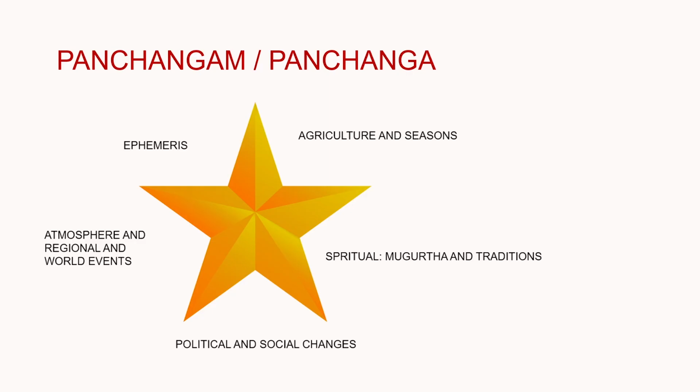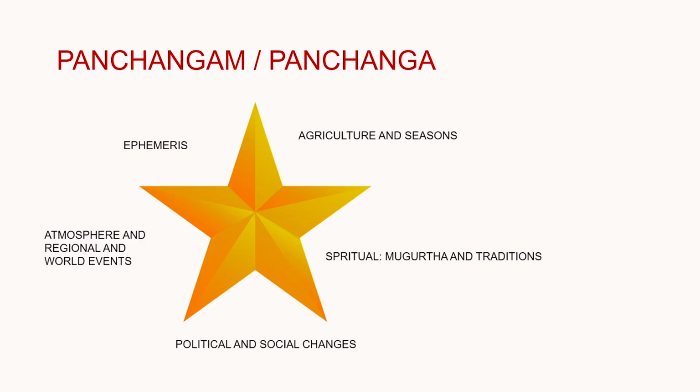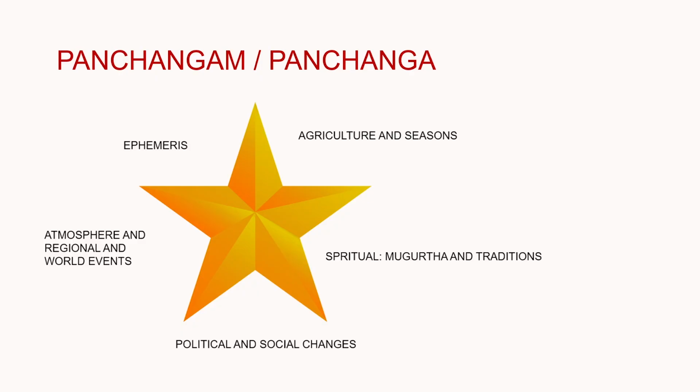And it has advice for both agriculture and the seasons: in what season, when the rain will happen, when the wind will blow, when there would be a change, is recorded in the Panchanga. It is almost error free. Then you have the spiritual things, because Indian culture is related to many cultural activities and traditions.